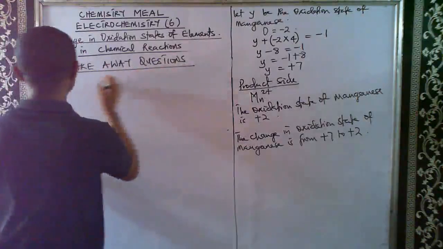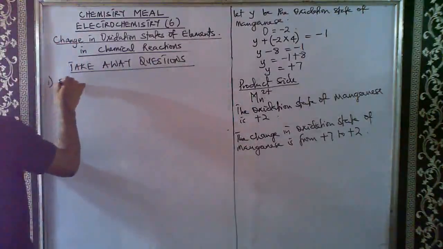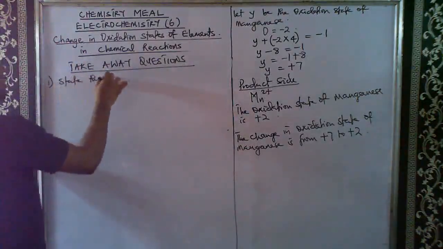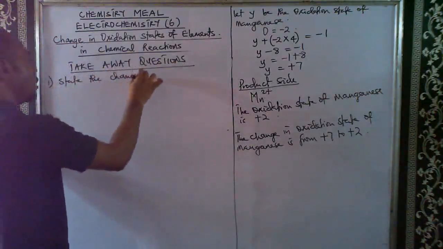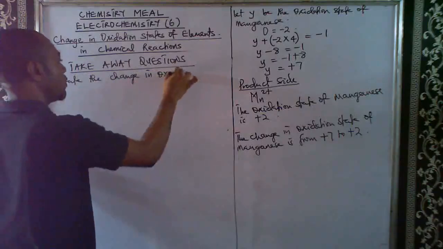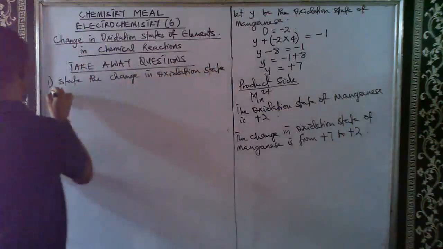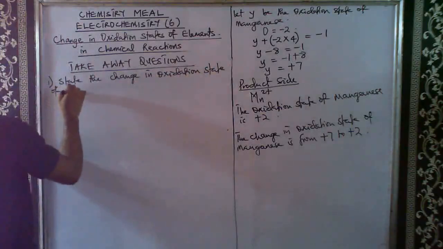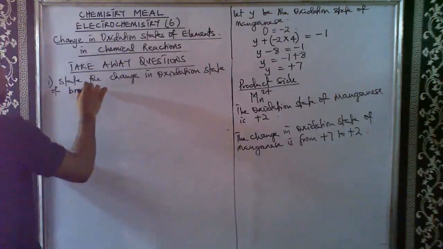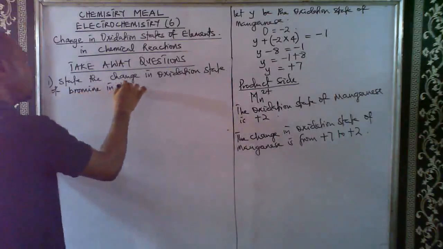Okay. Number 1, state the change in oxidation state of bromine in the reaction below.